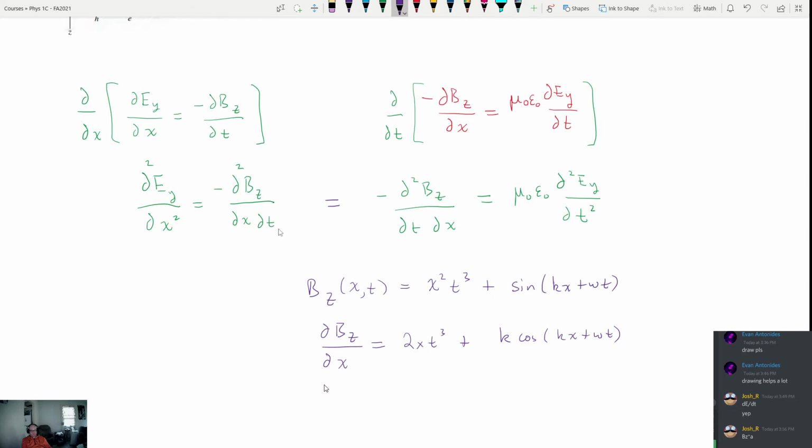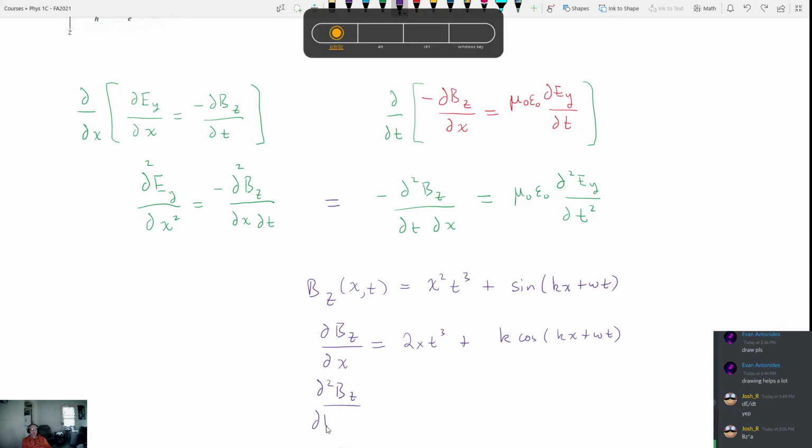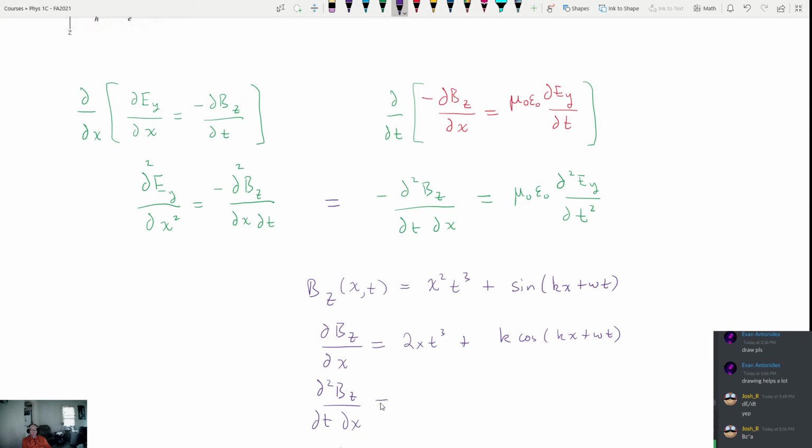And then if I take the derivative of that with respect to time, so del 2 Bz, then del x, I don't even know what the right way to write it is, honestly. The best way to write it would be to use parentheses, so write it like del t of del Bz del x. This is the same thing as del 2 Bz del t del x.